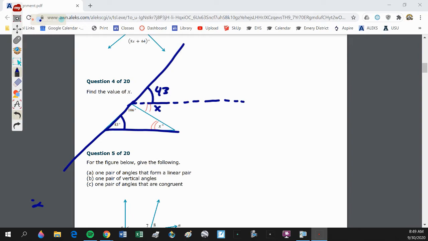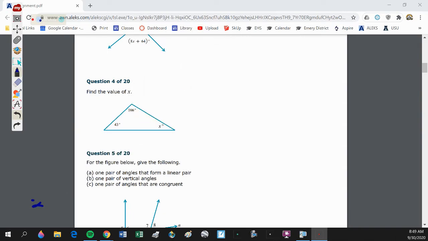So 106 plus x plus 43 forms a straight line. And that's true with every single triangle. Whatever triangle you draw, you can build this picture. And then you match this one, and this one and this one, then you end up with a straight line. So it is actually true.